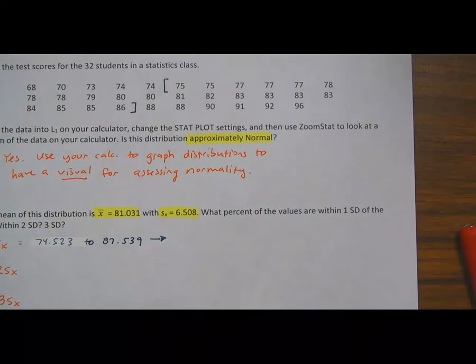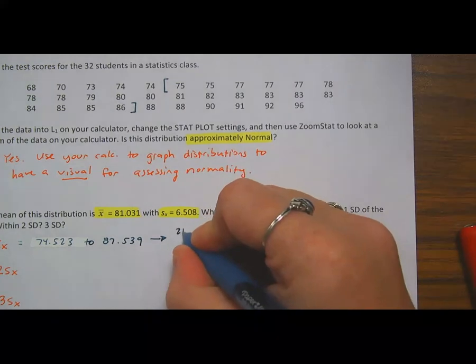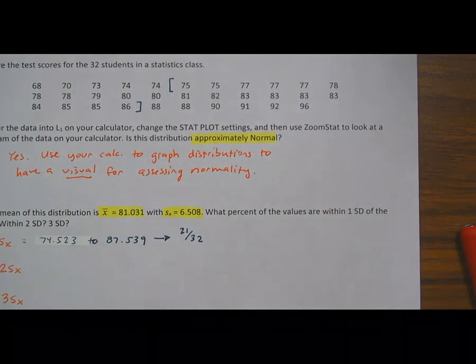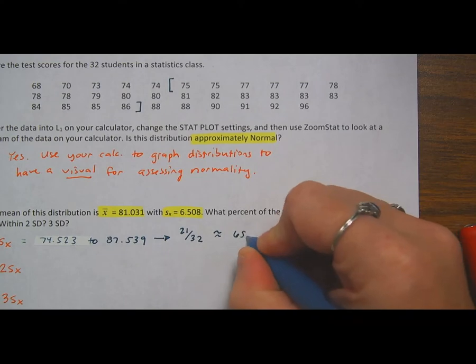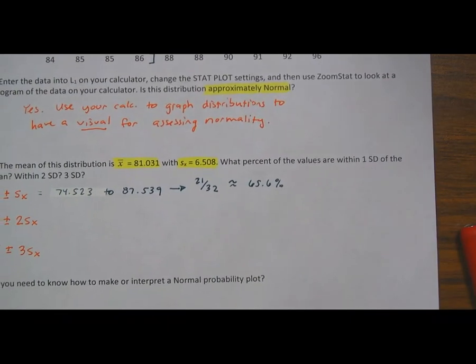I'm just going to use brackets there, and I would count 1, 2, 3, 4, 5, 6, 7, 8, 9, 10, 11, 12. 21 of the 32 test scores, which is about 65.6%, are within one standard deviation of the mean.